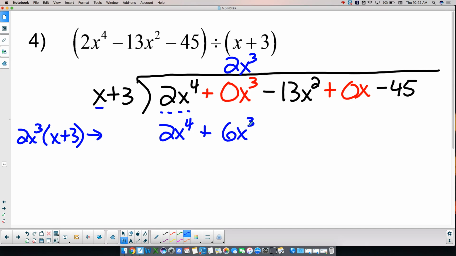What are we going to do? Switch both signs. Flip those signs. That gives me negative 6x cubed. Now what? Now what? The negative 13x squared? Okay, because it's negative in my problem.